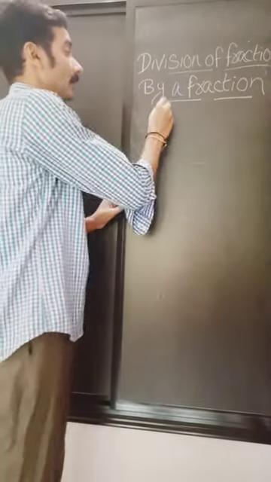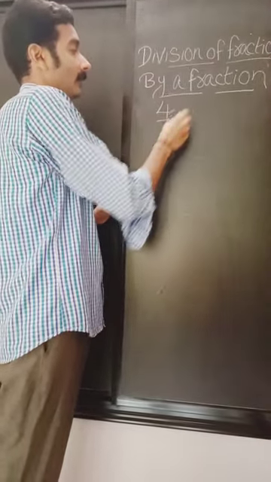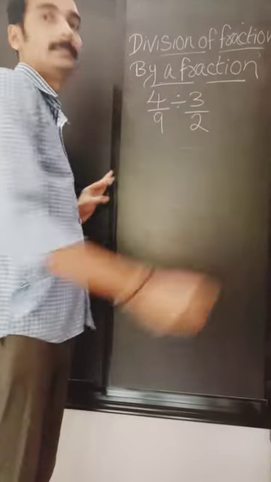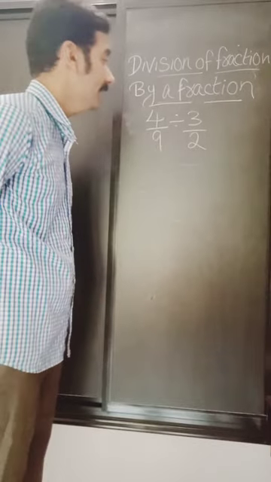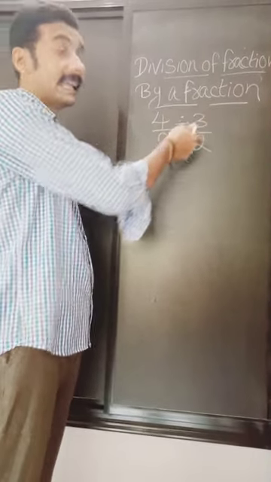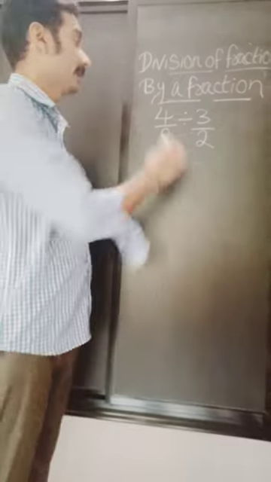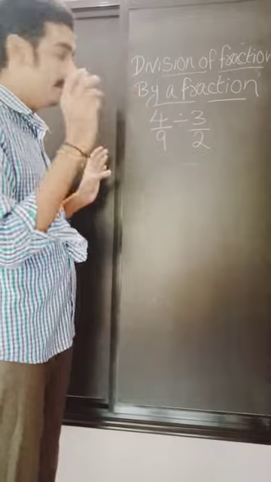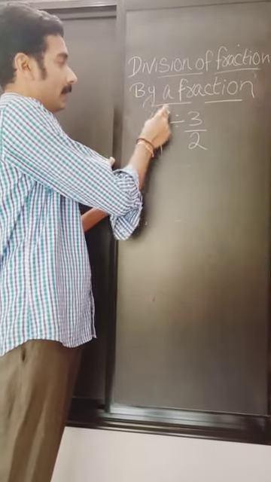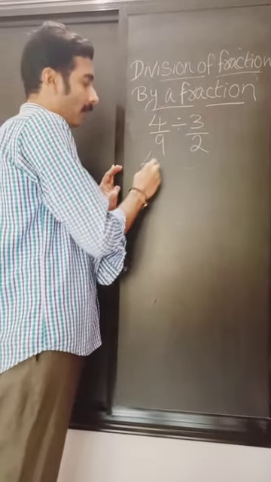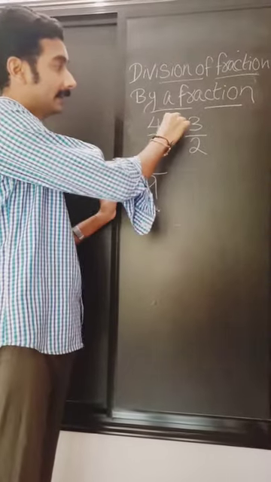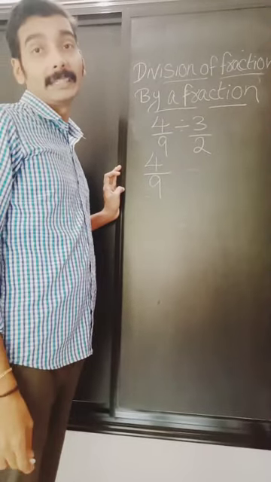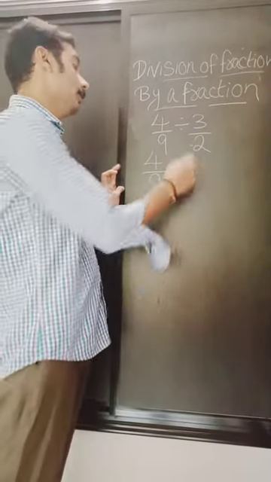Question is 4 by 9 divided 3 by 2. 4 by 9 is a fraction. 3 by 2 is another fraction. The operation is division. The same method. First we write 4 by 9. The division operation changes into multiplication.